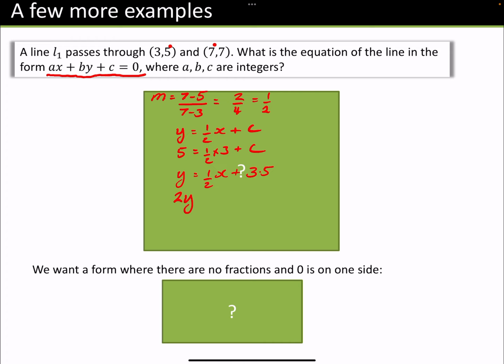So 2y equals double a half, you get 1, double 3.5, you get 7. Now doesn't that look a lot neater to begin with? Okay, now all I'm going to do is take the x to this side, I've still got the y's, and then I'm going to take the 7s, and I've got 0 left on that side. Okay?